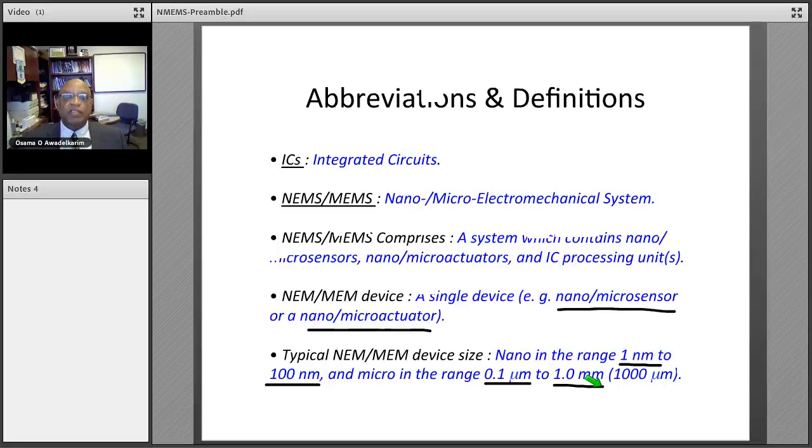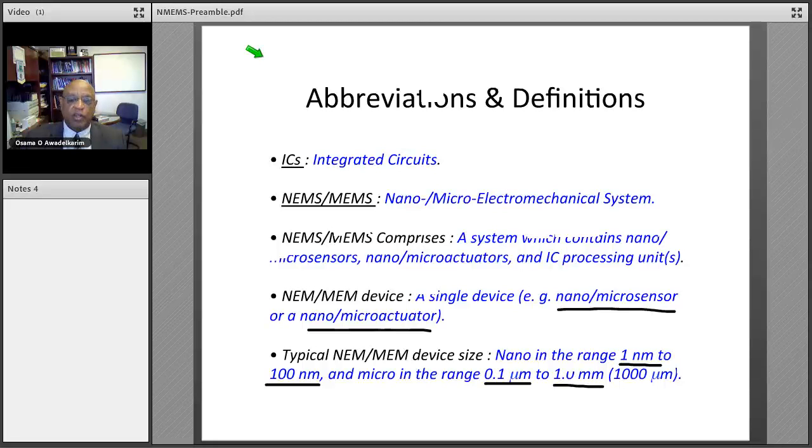Now, before I leave this slide, I would like just to explain what I mean by the terms micro and nano. I believe most of you know what these terms are, but just to be sure that we covered everything. 1 micron is actually 1 times 10 to minus 6 meter.